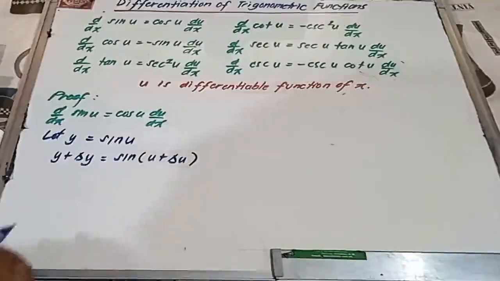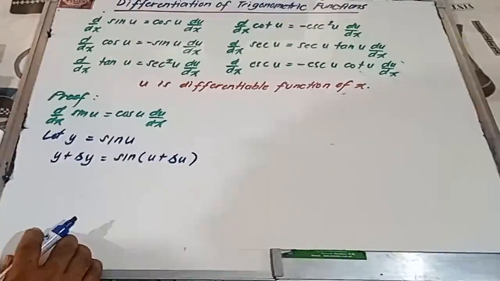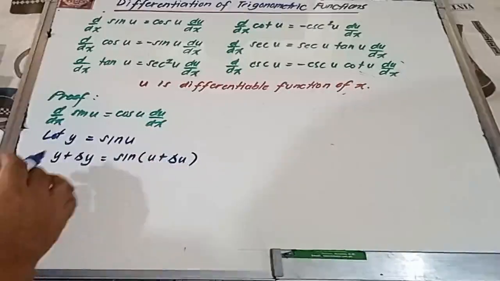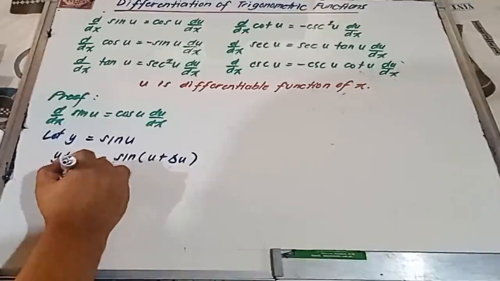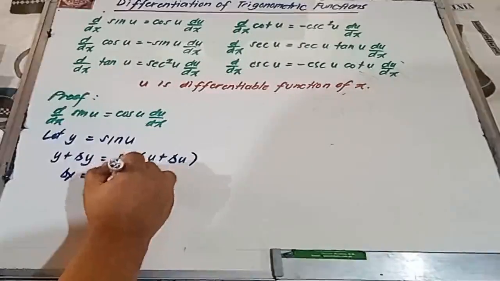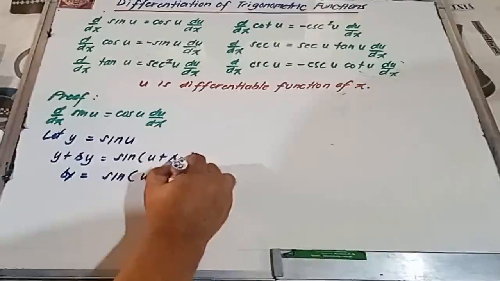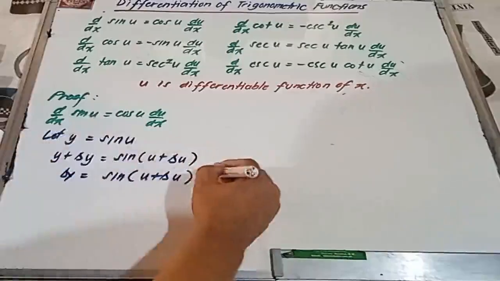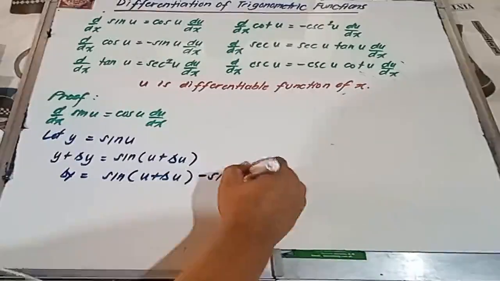Okay? And that will be our dy over du, if we get the limit of the quotient as delta u approaches 0. So, we transpose y. So, we have delta y here equals sine of u plus delta u. When we transpose y, it becomes negative y, and y is sine u. So, we just put negative sine u. Okay?